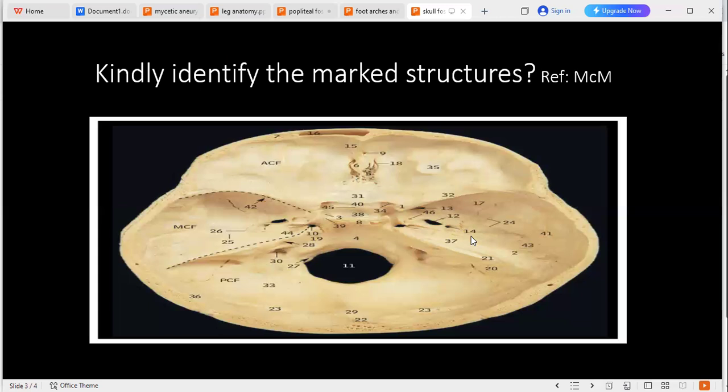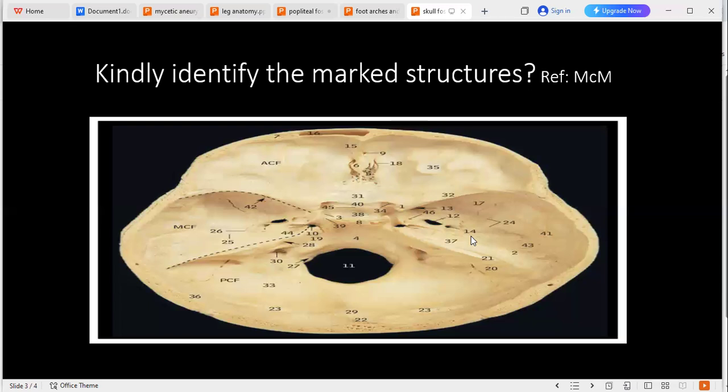All right. Please tell me, what is pterion and which bones form pterion? It's the weakest part of the skull bone. Yes. And it's formed by the parietal bone, frontal bone, sphenoid bone and squamous part of temporal bone.